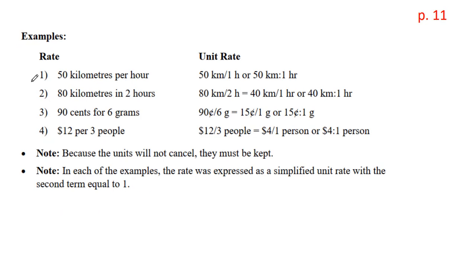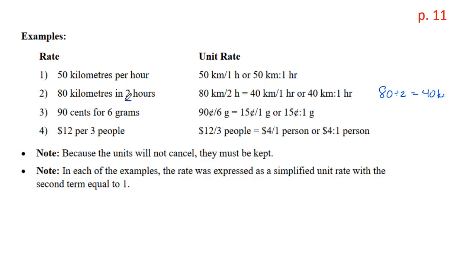For example, number 1, 50 kilometers per hour, is a unit rate already because it's per one single hour. So we can show this as 50 kilometers per 1 hour, with a slash or with our colon. If we have greater than 1 hour, for example, in number 2, 80 kilometers in 2 hours, then we're going to divide to get that down per 1 hour. 80 divided by 2 equals 40.